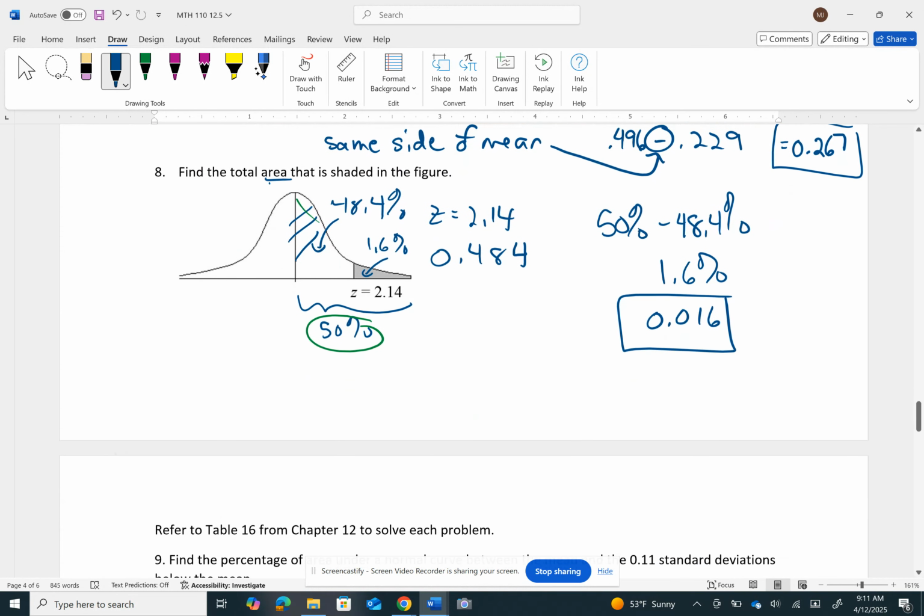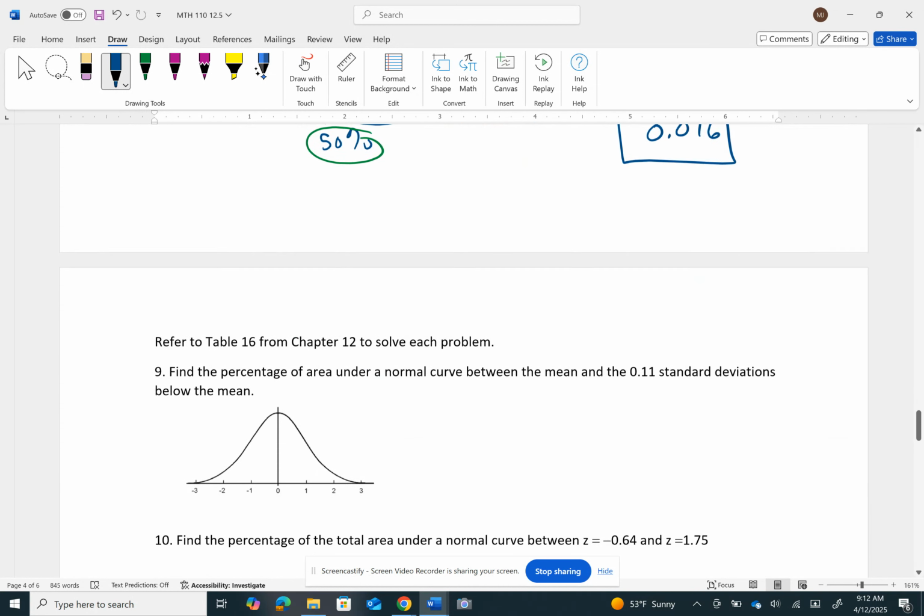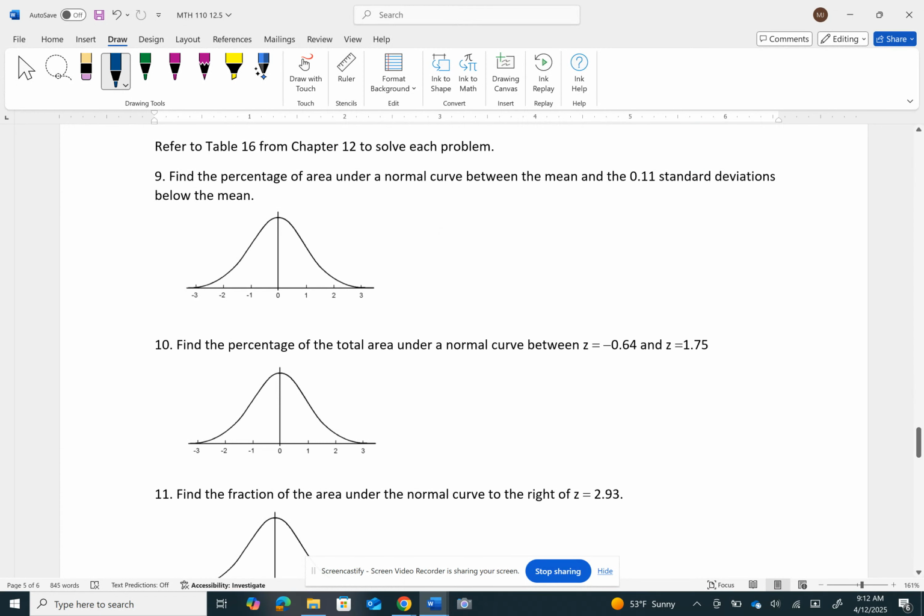All right, so one of the things on this page is that we already had z-scores. So let's do a couple more where we already have z-scores. This one is asking us, find the percentage of the area under a normal curve between the mean and 0.11 standard deviations below the mean.